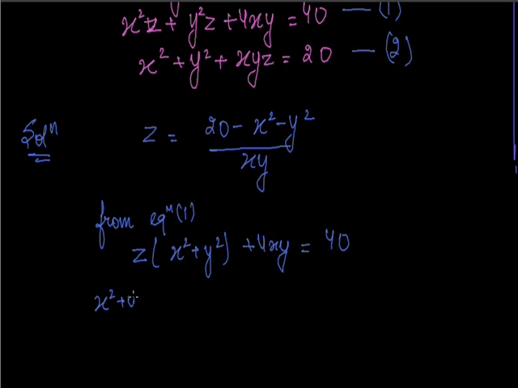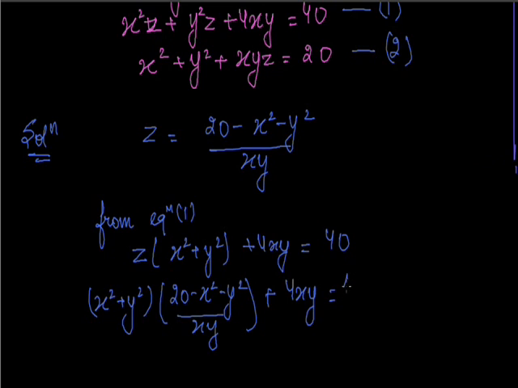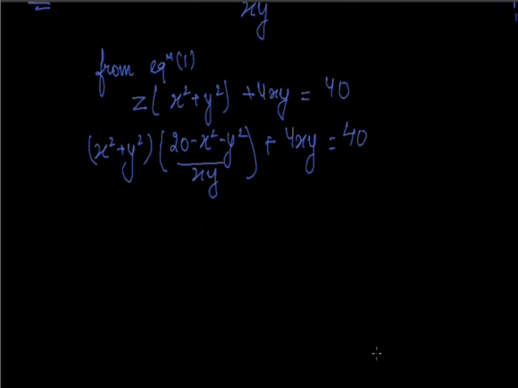Now put the value of z. So x square plus y square times 20 minus x square minus y square upon xy plus 4xy equal to 40. Okay, let's solve this equation.